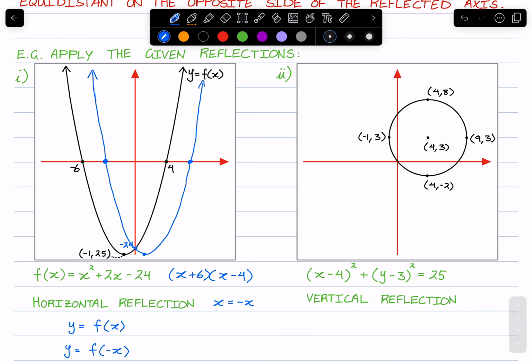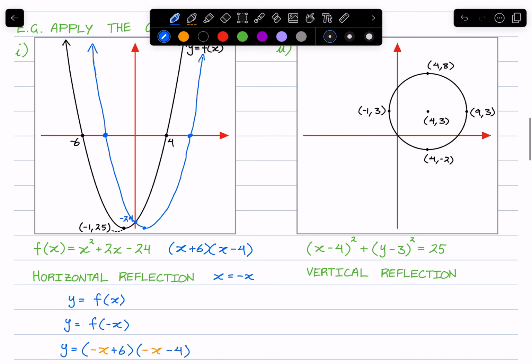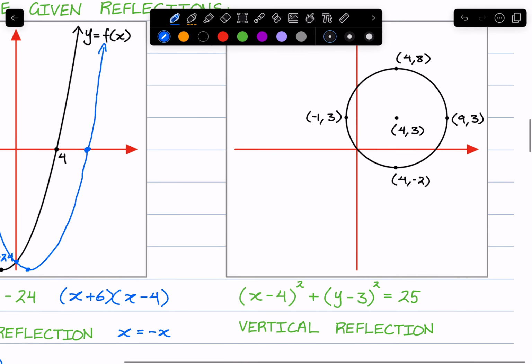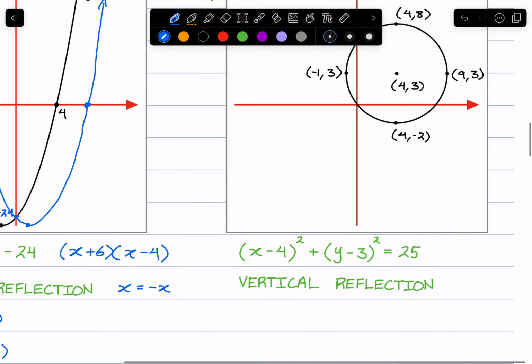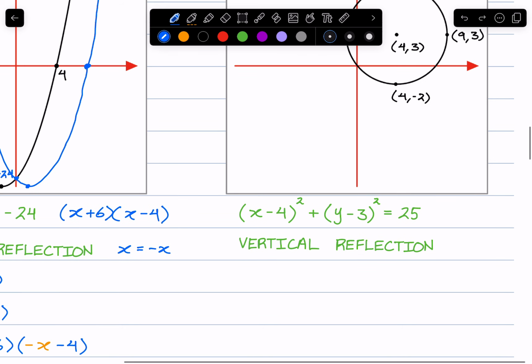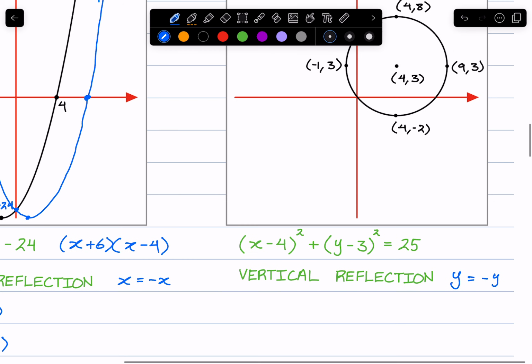Now let's apply this to a non-function. So once again, a common thing that we'll find in this course is doing this on circles. So if we were to do this on a vertical reflection, so this is a reflection on the x-axis, we're going to let y become negative y.